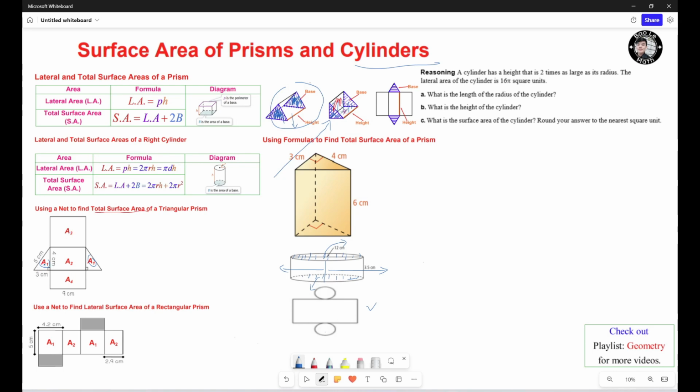So, look at this one, A1 right here, right? This is a right triangle. So, A1 equals base times height. Base equals 3, height equals 4, because you have the right angle right here. Right, base times height, right? So it's gonna be 3 times 4 divided by 2. But since I have 2A1 right here, I don't need to divide by 2.